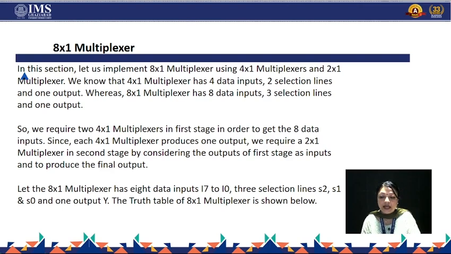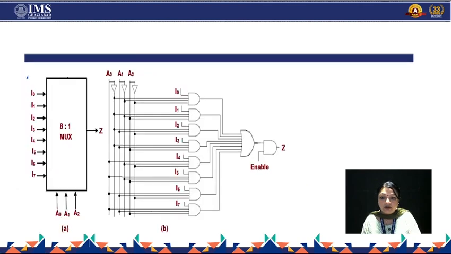There are 3 selection lines, S0, S1 and S2, and the output will be 1, and the inputs start from I0 and go to I7. This is the circuit diagram of the 8 into 1 mux, and this is the block diagram of the 8 into 1 mux. There are 3 selection lines, 8 inputs and 1 output.